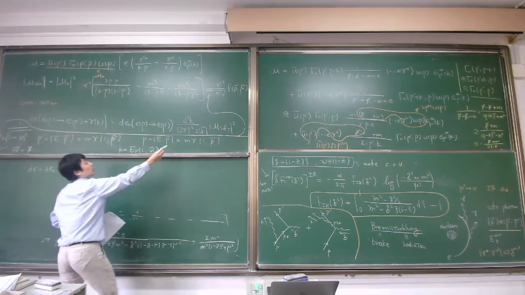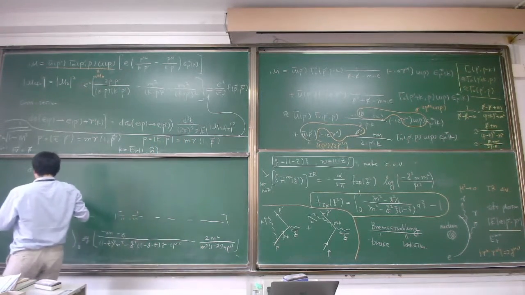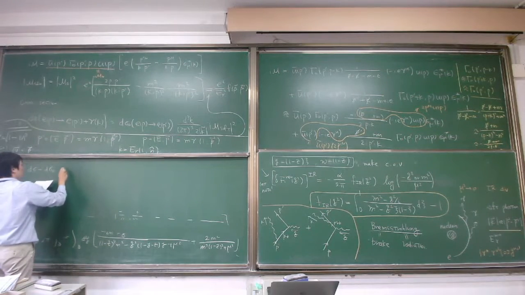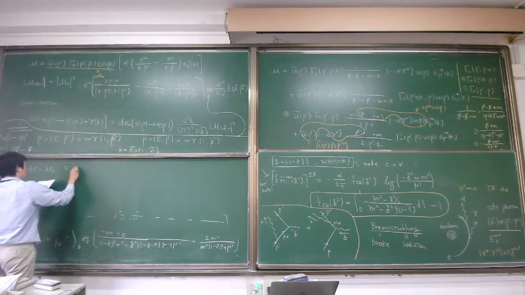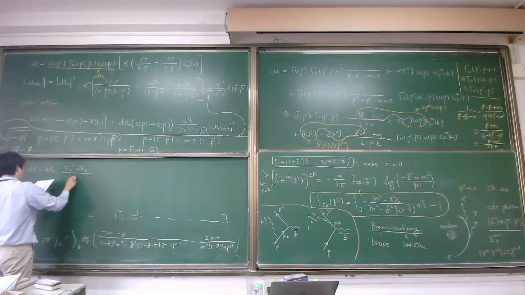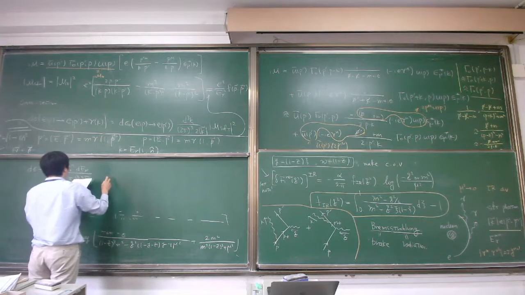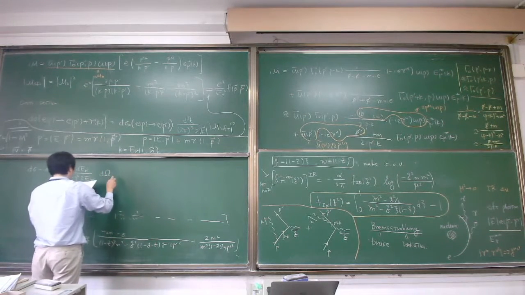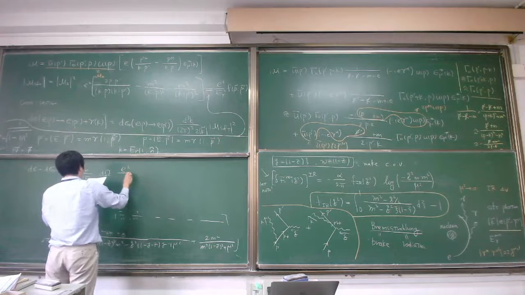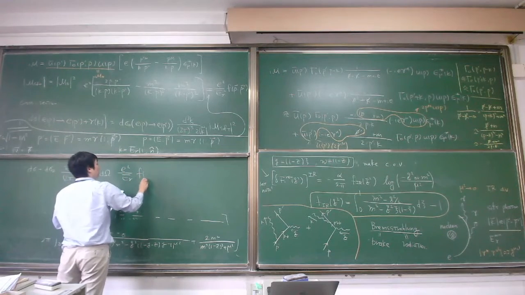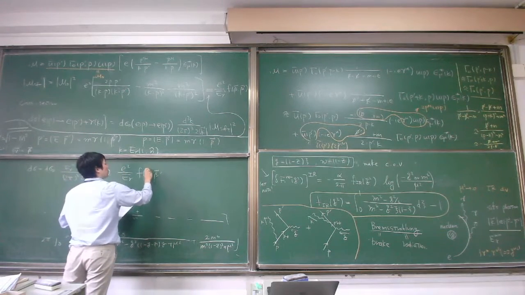So here, if you use the spherical coordinate, it becomes E gamma squared d gamma divided by 2 pi cubed E gamma, and then d omega, and then E squared E gamma f beta and beta prime.